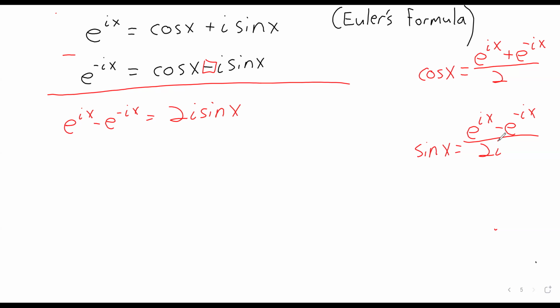But a lot of identities become very easy to prove if you use this definition of the cosine and the sine, just because e's are easy to work with. We can multiply them, we can distribute them, we can do whatever with them, whereas the sine and the cosine are defined in terms of the unit circle, and it's hard to know what to do.